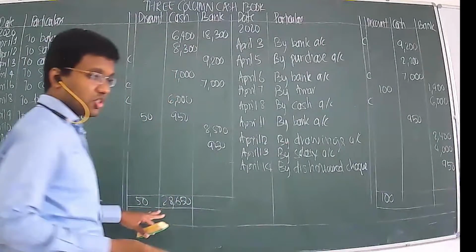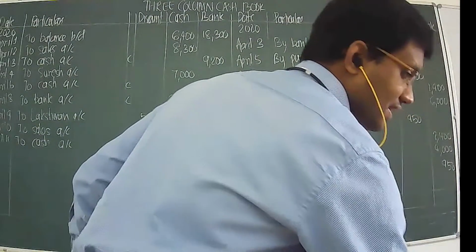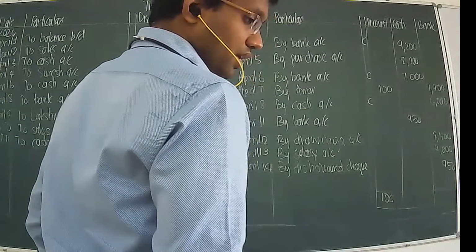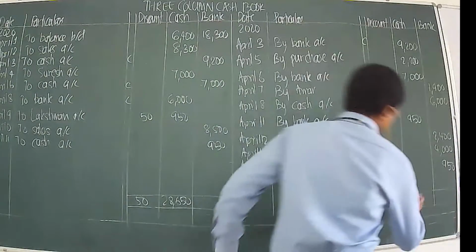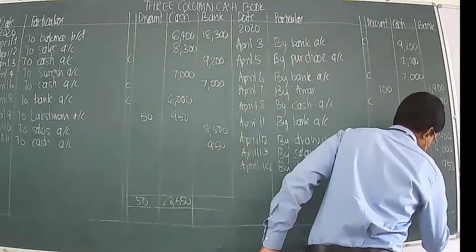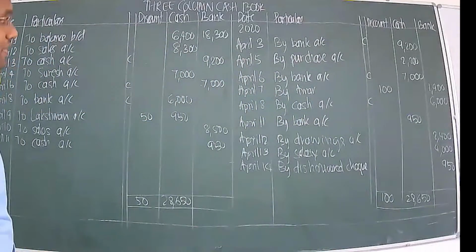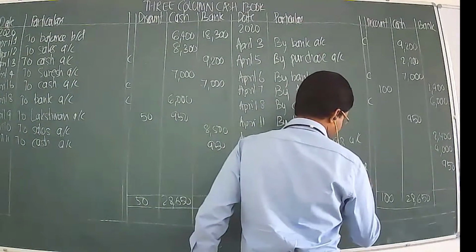So if here it is 28,650, what does that mean? What that means is the other side should also be 28,650. But if it has to be 28,650, you have to bring in the balancing figure.